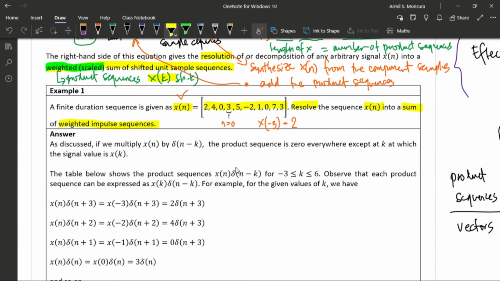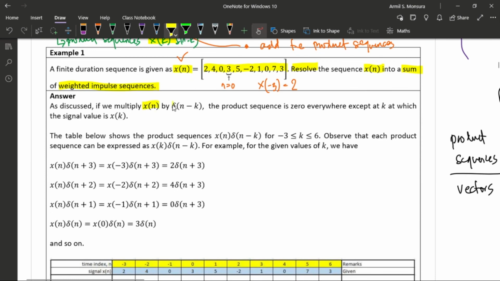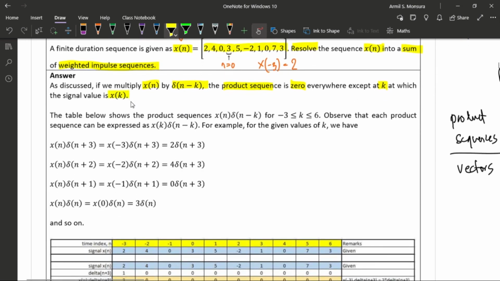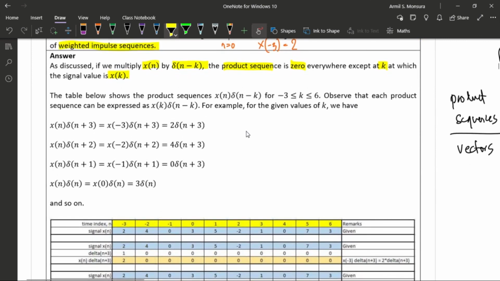So, ibig sabihin, mag-generate tayo ng component signals composed of weighted impulse sequences natin. As discussed, if we multiply x of n by delta n minus k, the product sequence is 0 everywhere except at k, where the signal value is x of k.